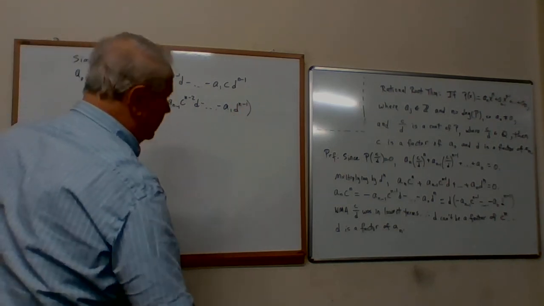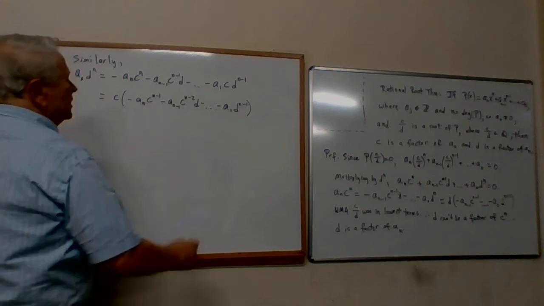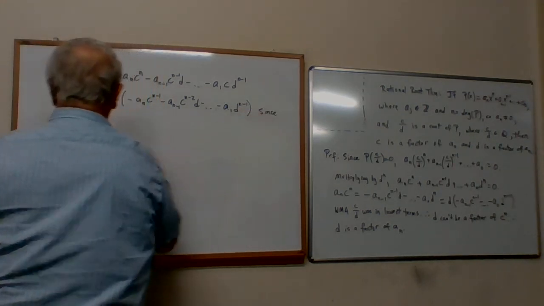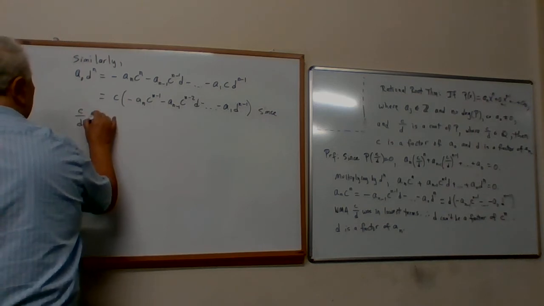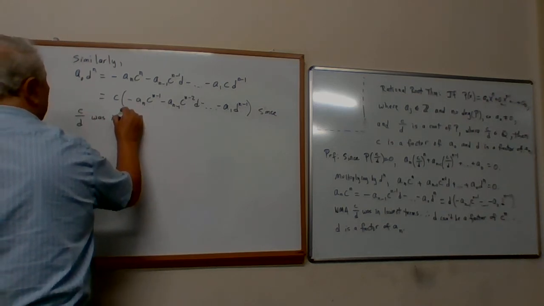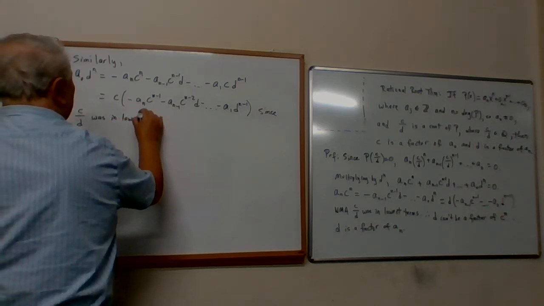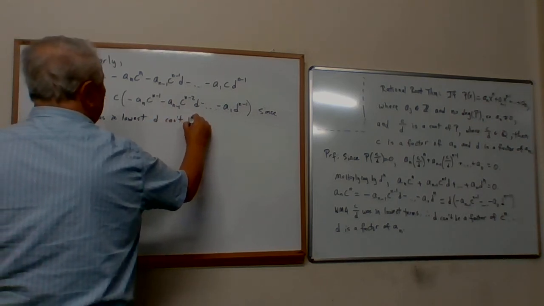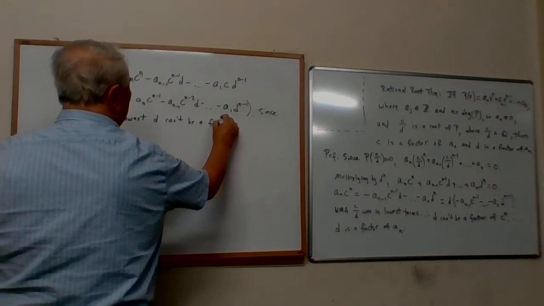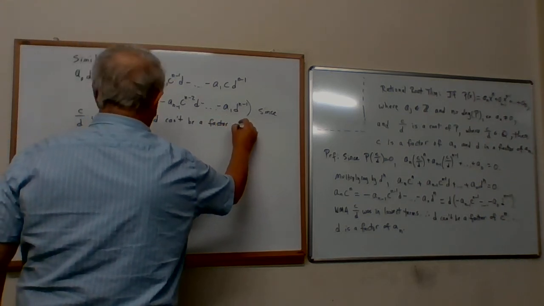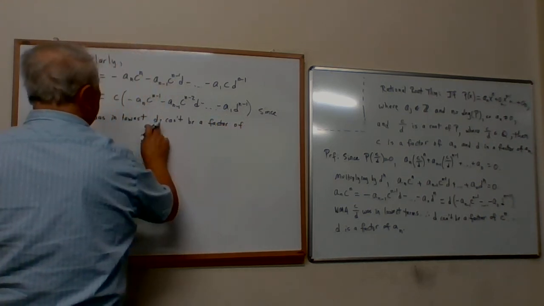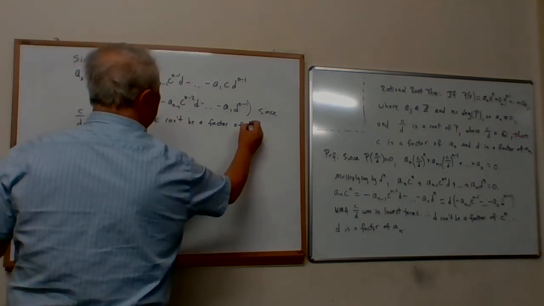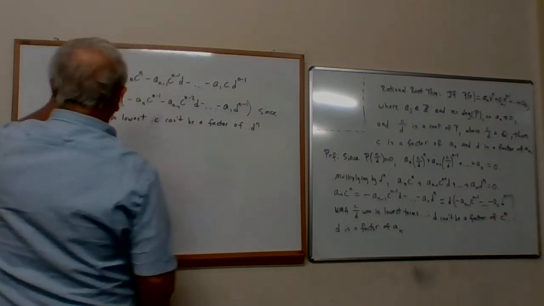All right. But again, since c over d was in lowest terms, c can't be a factor of d to the n.